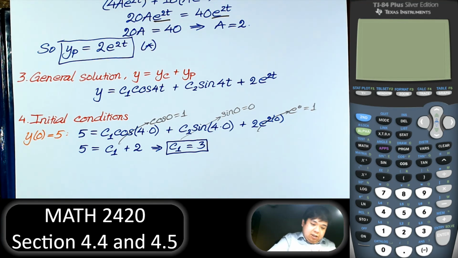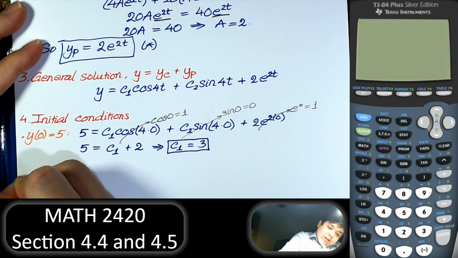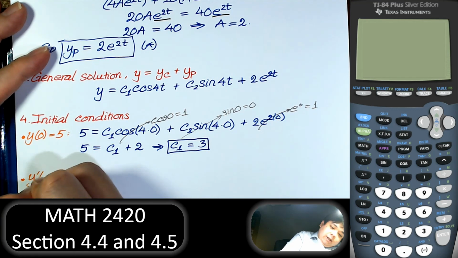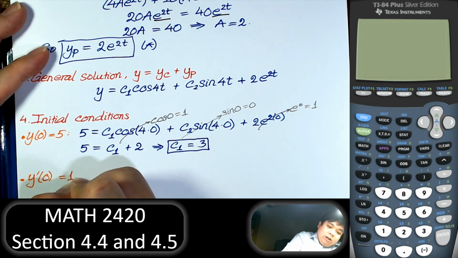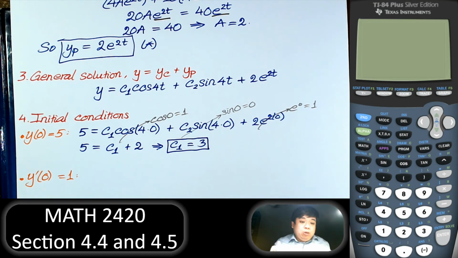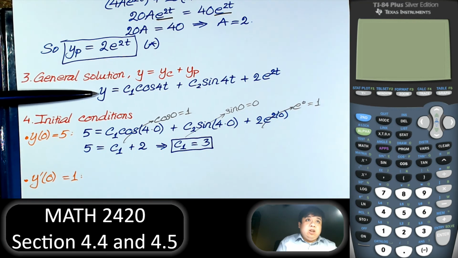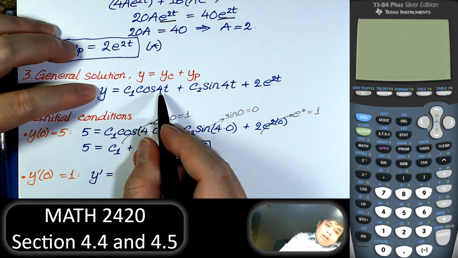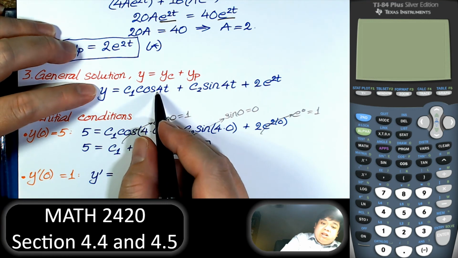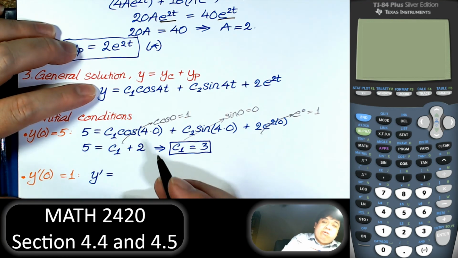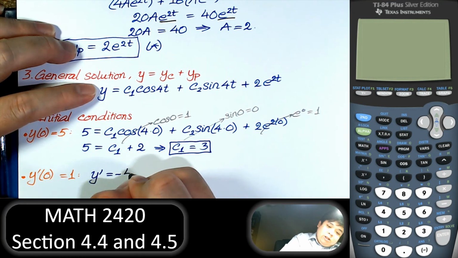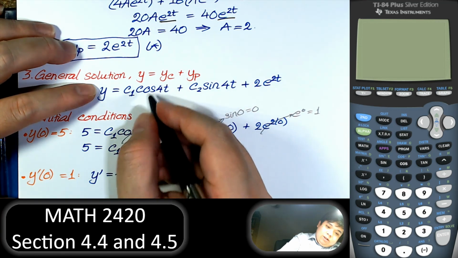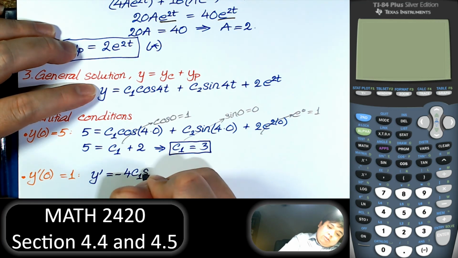Next, our derivative is equal to 1. So in that case, we have to take the derivative first. So this is the general solution's derivative. Cosine's derivative is negative sine, and then the derivative of 4t, so we have negative 4 C1 sine of 4t.